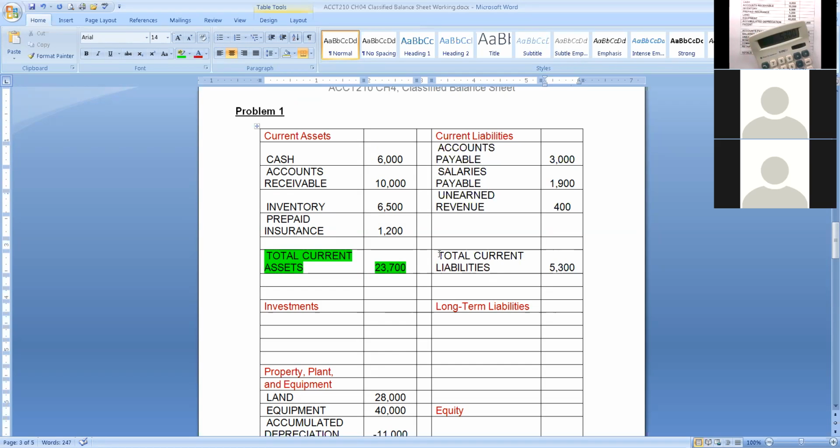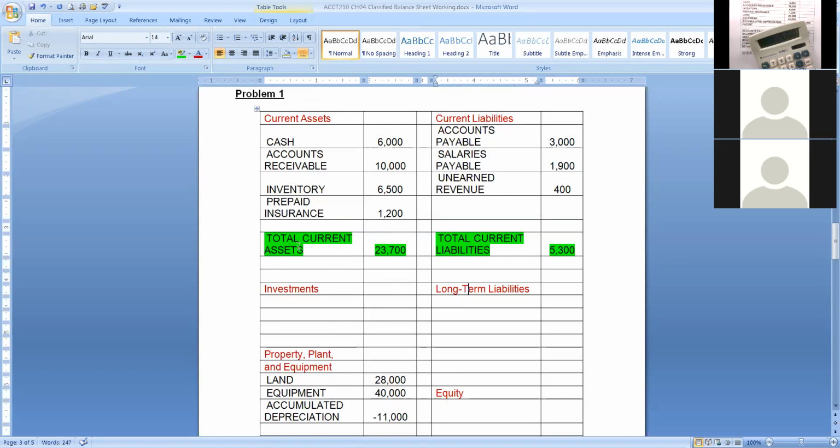Okay. Now, this is going to be our first use of why we do this. The current assets, 23,700. This is what we're going to turn to cash or use up within 1 year. These total liabilities are 5,300.